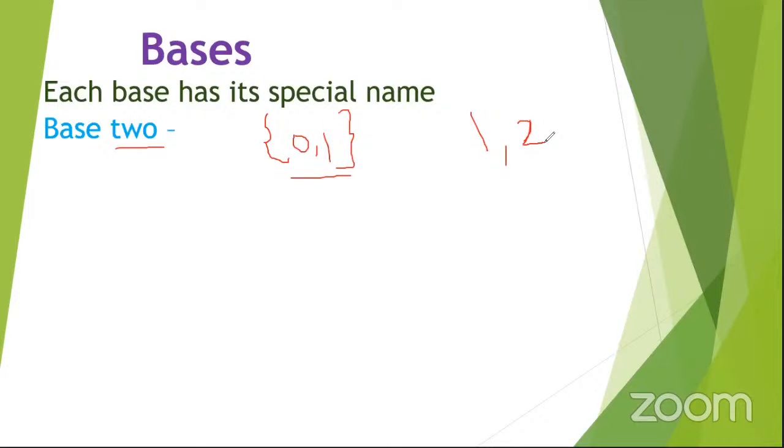The number of digits is equivalent to the base name, but the digits in that base do not include the digit equivalent to its base name, because this is 2 and the base name is also 2. So for that reason, 2 does not align with the digits that make up base 2. So in base 2, we have only 2 digits, that is 0 and 1.